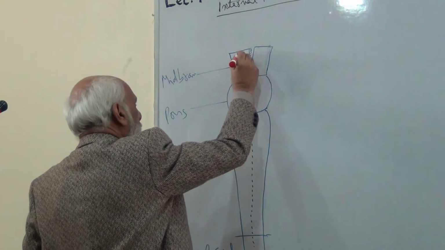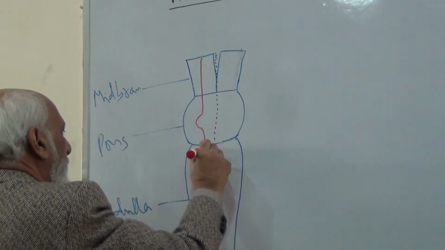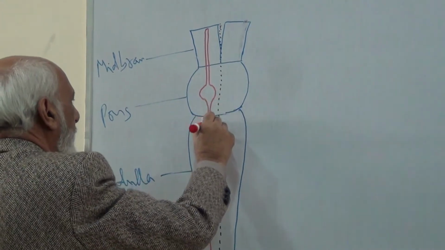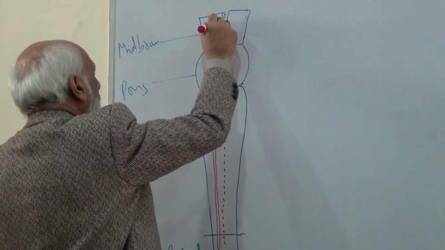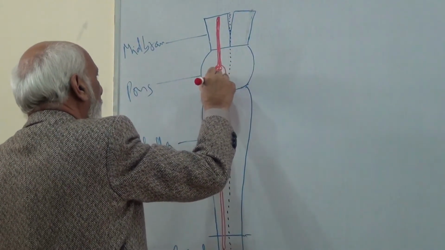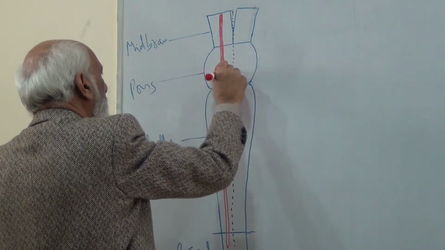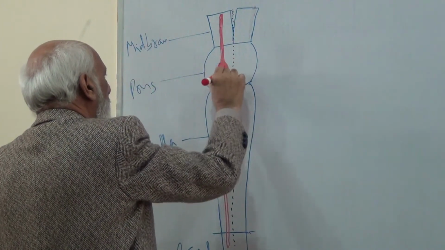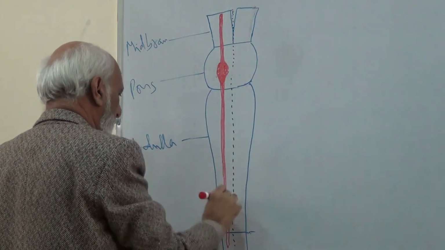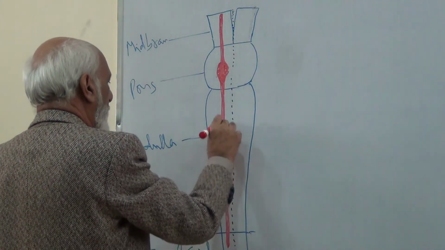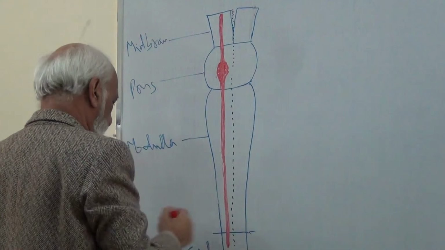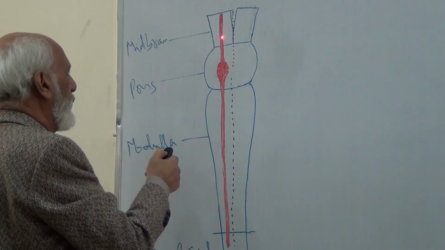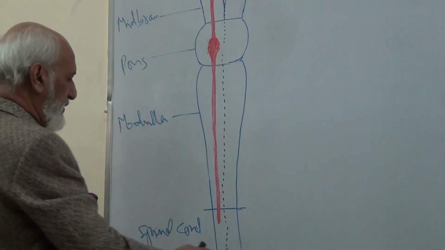This is the sensory nucleus of the trigeminal nerve, an elongated nucleus, which traverses the whole extent of the midbrain, pons, medulla oblongata, and upper 2 or 3 segments of the spinal cord.